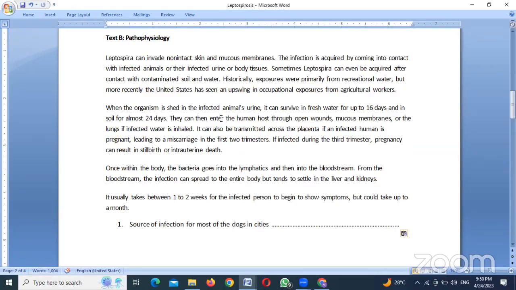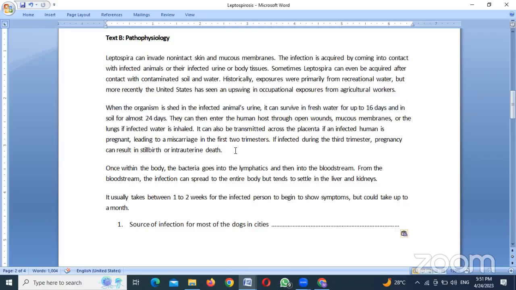When the organism is shed in the infected animal's urine, it can survive in fresh water for up to 16 days and in soil for almost 24 days. It can enter the human host through open wounds, mucous membranes, and lungs. Okay. Is there any mention of dogs here? No. And source of infection or dogs in cities? No. So I think the answer is not here in this text.